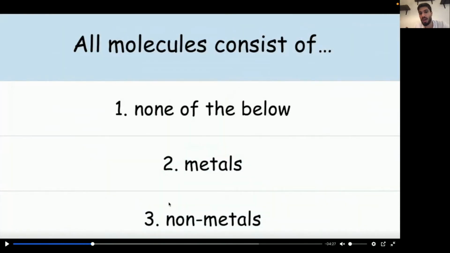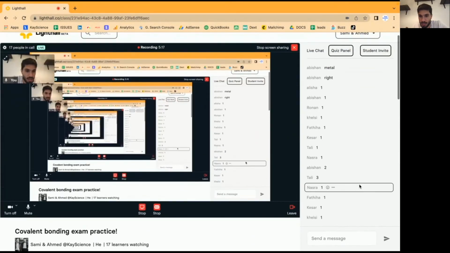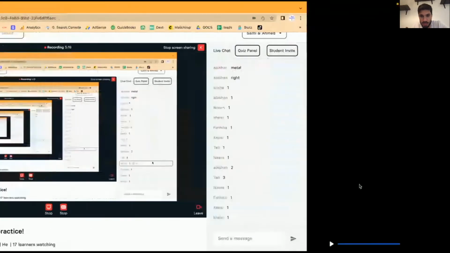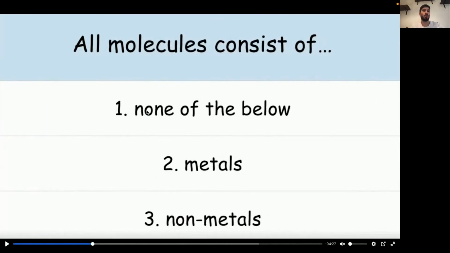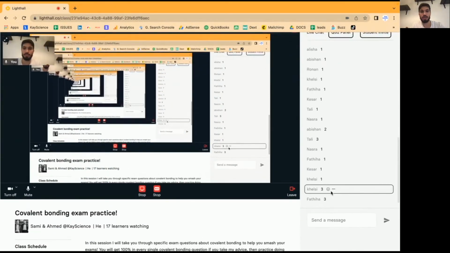So all molecules consist of 1, 2, or 3. And go. Not sure about that one? Let's do that again. All molecules consist of what? Is it 1, 2, or 3? Well done, it's number 3.